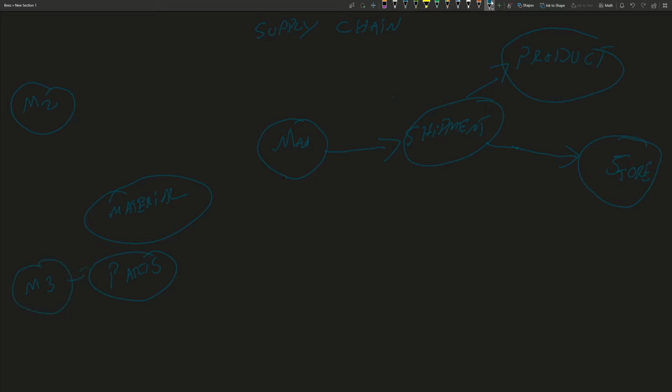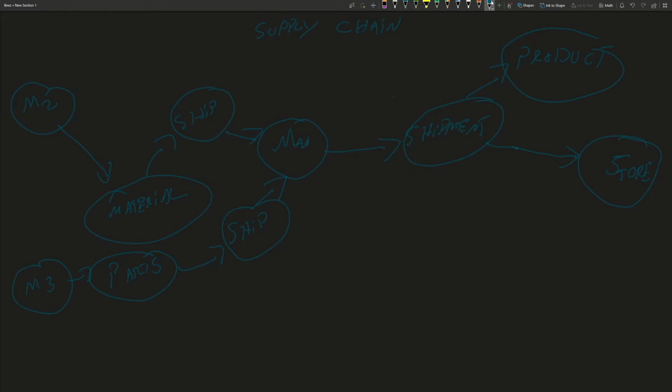So they produce parts, they produce materials, and those again go to shipment. I am leaving out a whole bunch of nodes here in the interest of space and time. But essentially, someone's making parts, they're making materials. I need to get those as the manufacturer so that I can build those things, so I can then ship those products that I've built out to various stores.